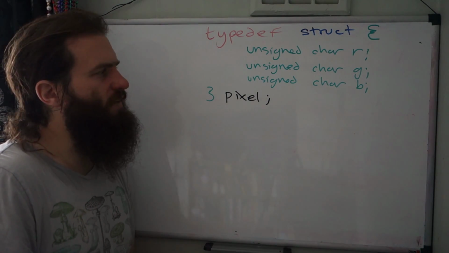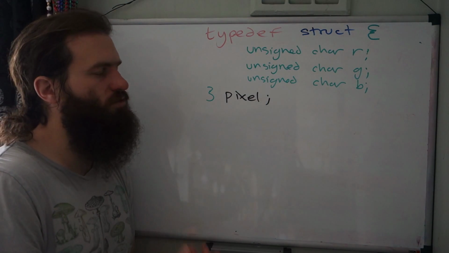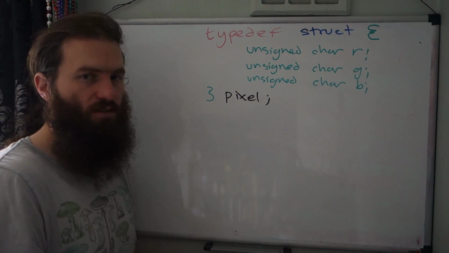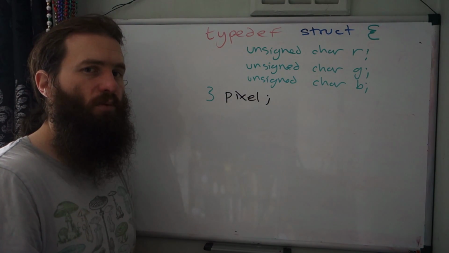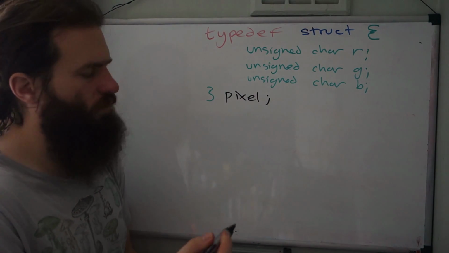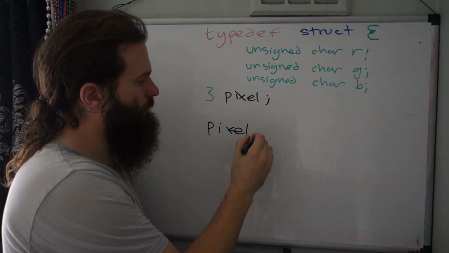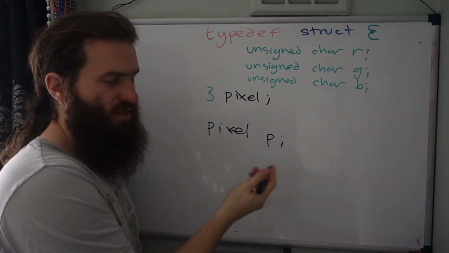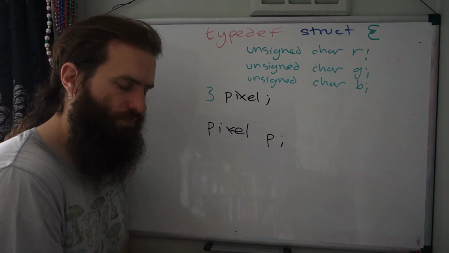So you've just seen there that you can use the sizeof operator to get the size of a structure, and you can pass in the typedef name to the sizeof operator. Getting the size of a structure is really useful when we want to use pointers to structures. Now, of course, what we could do is we might have a pixel p here, and we can obviously take the address of p and pass that into a function if we want.